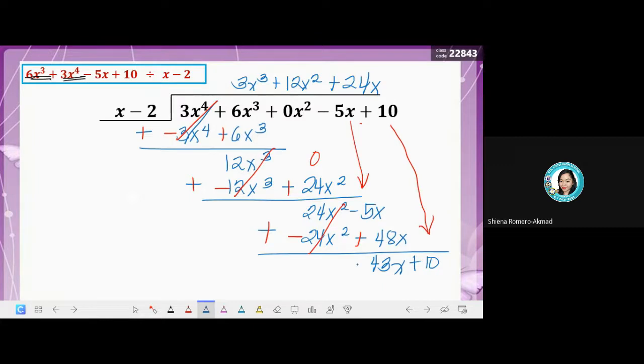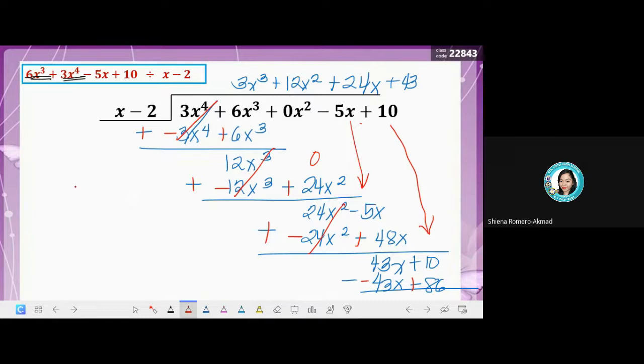So 43x divided by x is 43. So positive 43. 43 times x, 43x. 43 times 2, we have, oh, it's negative. Negative 86. So subtract, change the sign.